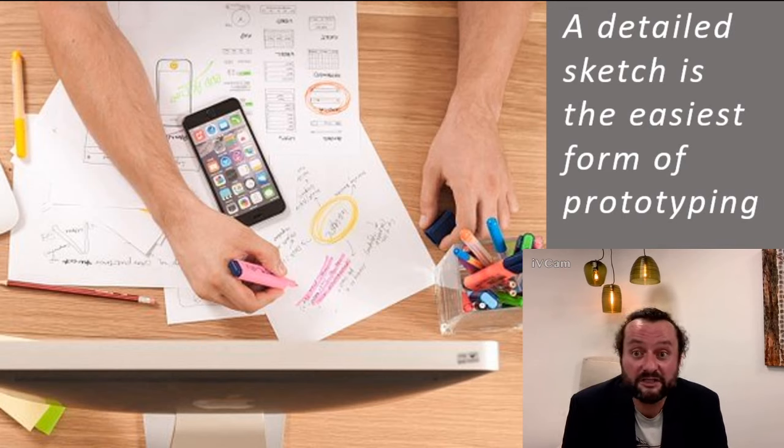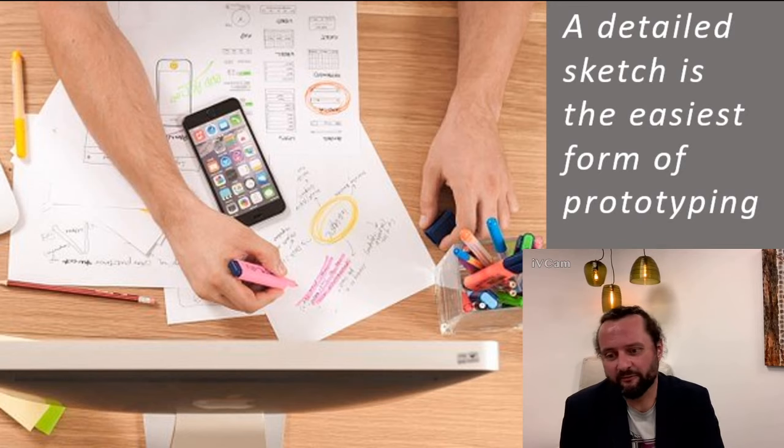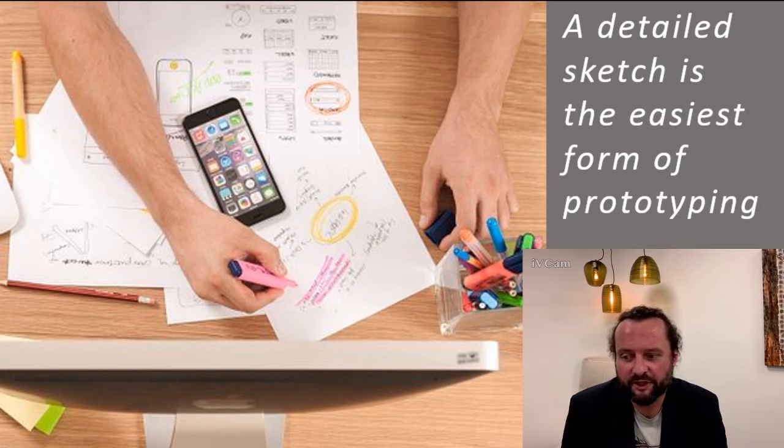For example, sketch different screens that your mobile app will have, and see how it works, how it looks. That is quick and easy, and either by yourself or with a team in front of a whiteboard, you can pump out a lot of very low fidelity early prototypes in just a couple of hours.